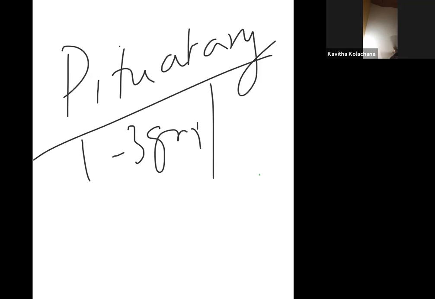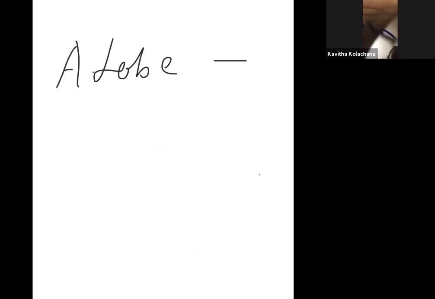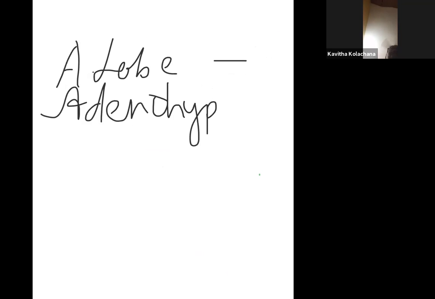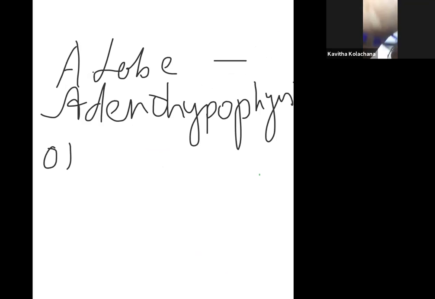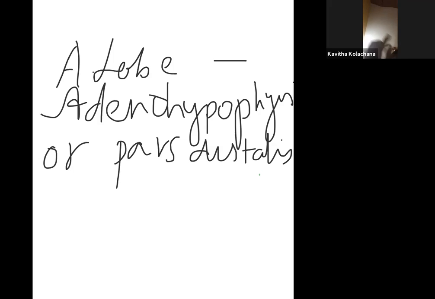So the pituitary gland has two main lobes. What are the two lobes in the pituitary gland? The anterior lobe is called the adenohypophysis, and it's also called pars distalis. Three names for the anterior lobe.